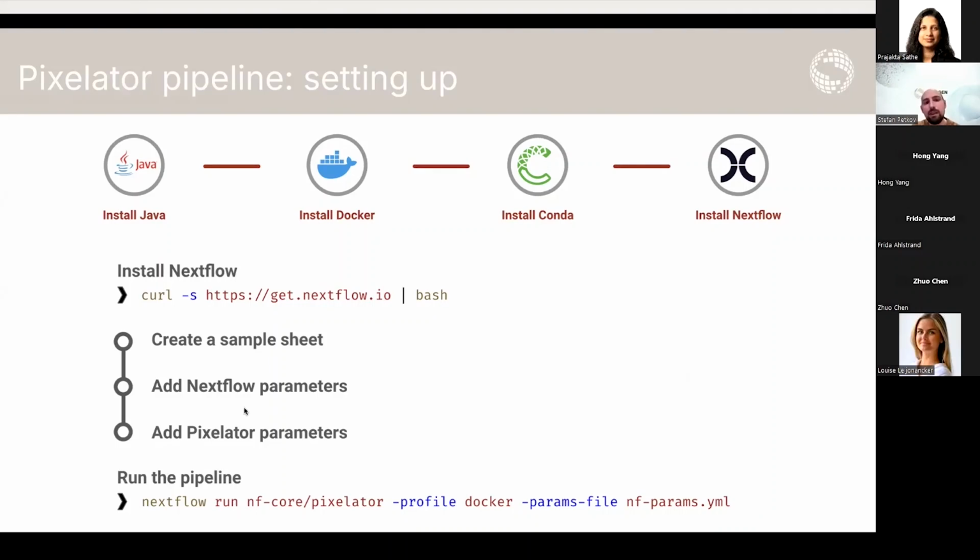Then you input the parameters specific for your run and also for the pipeline. And then with a simple call with this command shown here, you can basically kick off the pipeline.